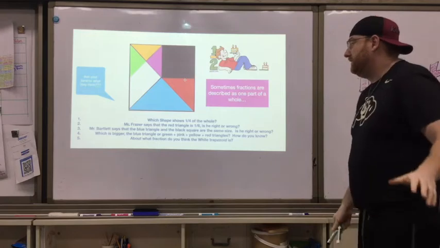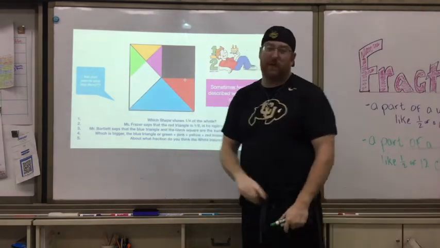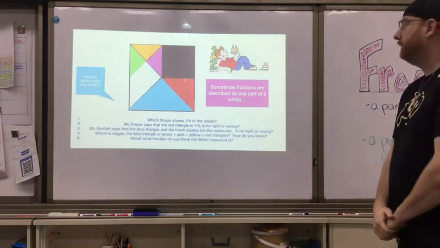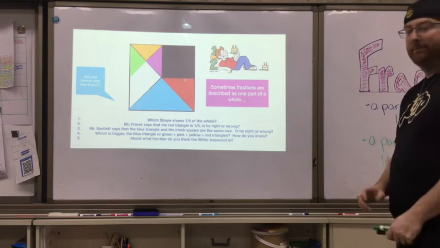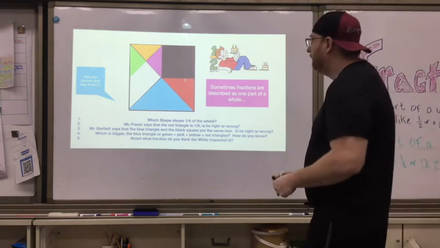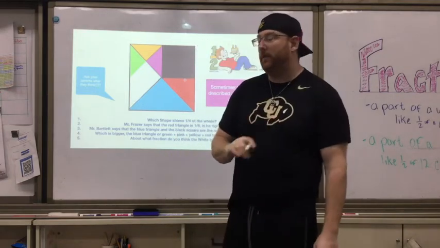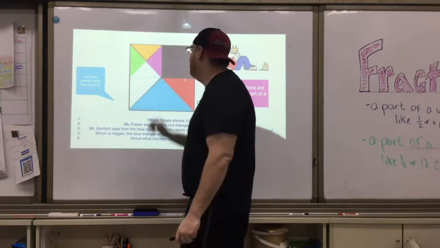The last question says, about what fraction do you think the white trapezoid is? Go ahead and have a think. Now, what I'm going to do is break this white trapezoid up a little bit and draw an imaginary line here.